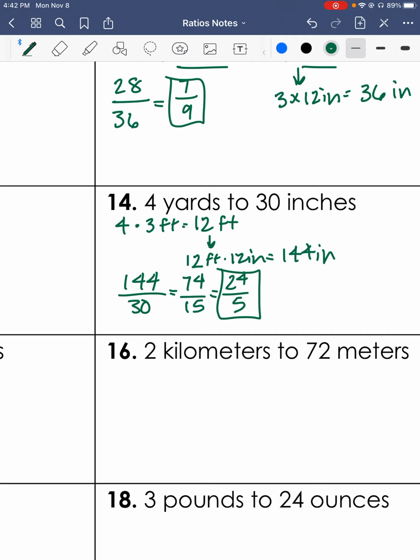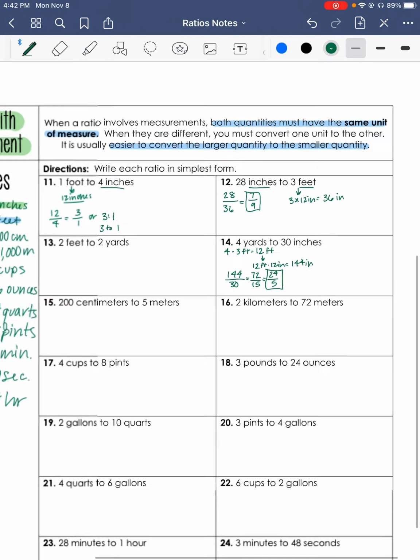Is that right? This is 72, that's why. 72, there we go, divided by 3, 24 over 5. So that's going to be our final ratio there, okay? So we had to have 2 steps there going from yards to feet and then feet to inches. And there we have it.